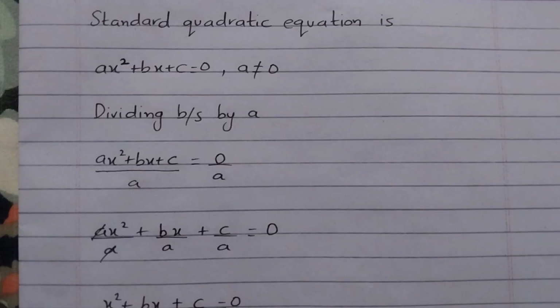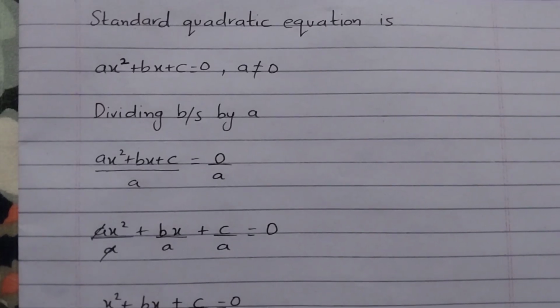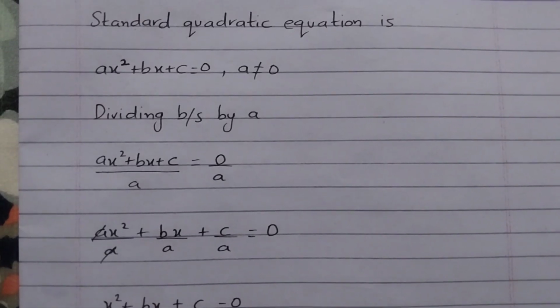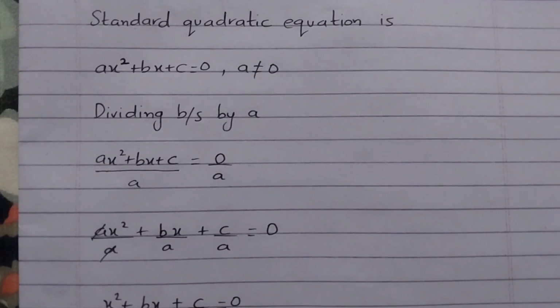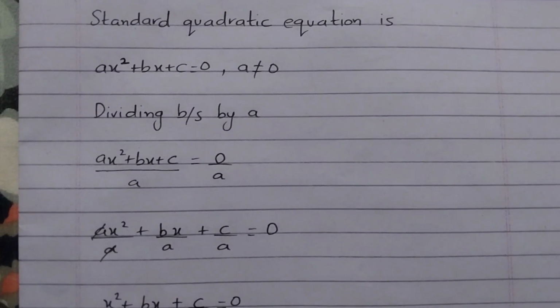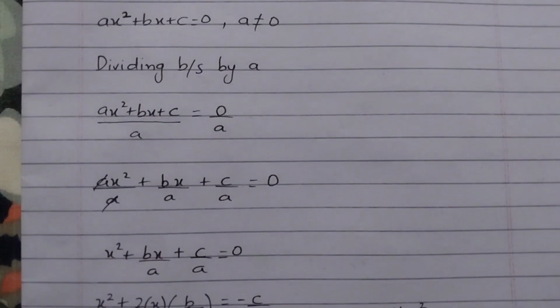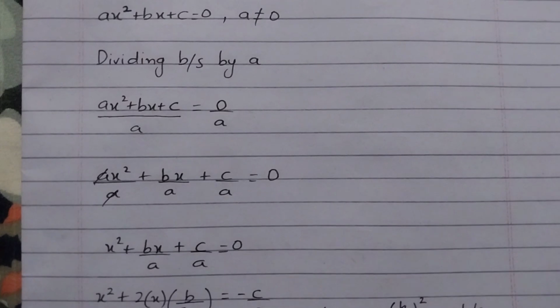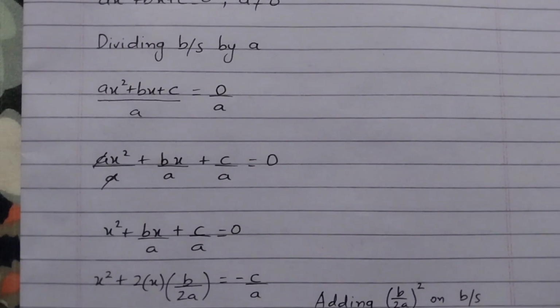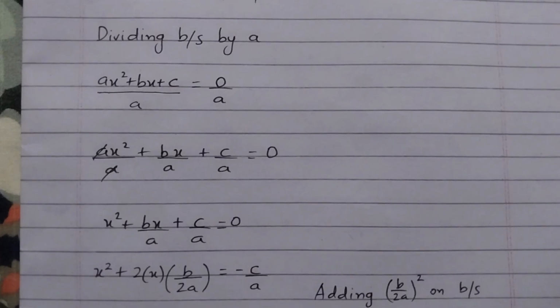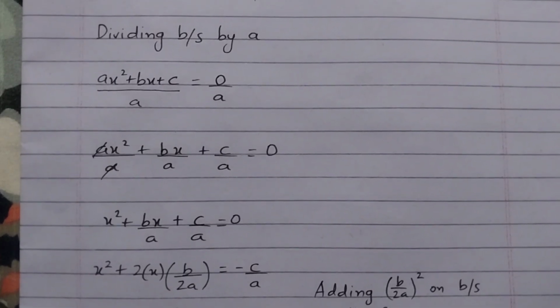This step is basically the opposite of taking the LCM. So ax²/a + bx/a + c/a. The a and a cancel out, which we wanted because the formula has a perfect square term as its first term. So x² is a perfect square. We get x² + bx/a + c/a, and on the right-hand side, 0 divided by anything is equal to 0.